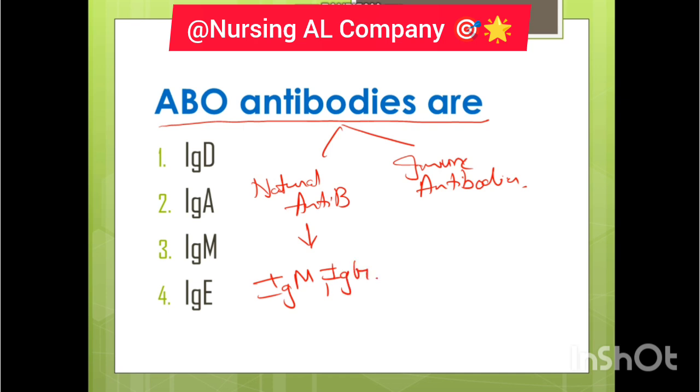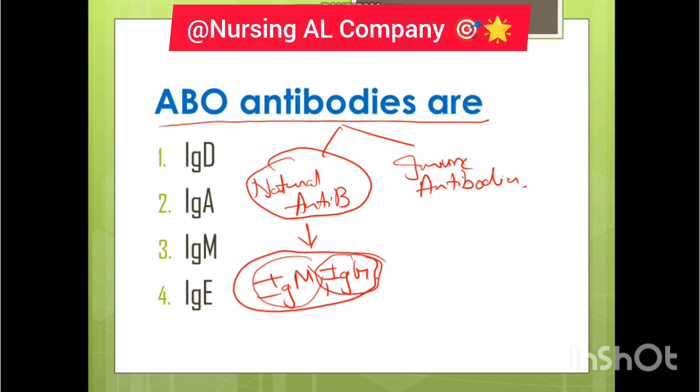In the options, they asked about ABO natural antibodies, and here the right answer is IgM. If IgG was the answer, then both would have been the answer. Let's see the next.